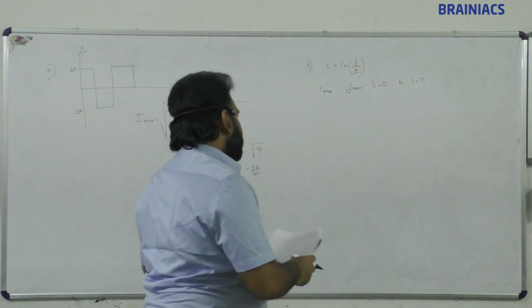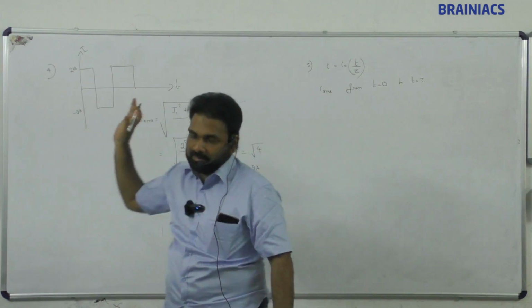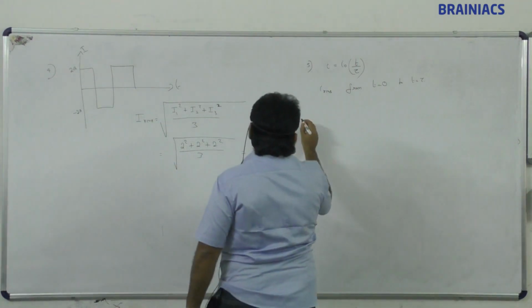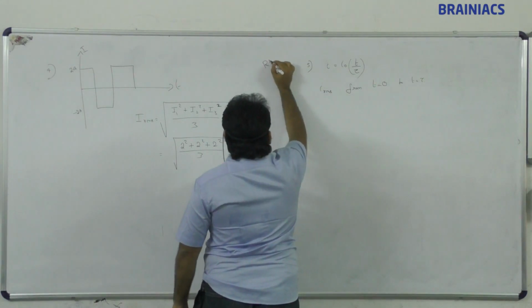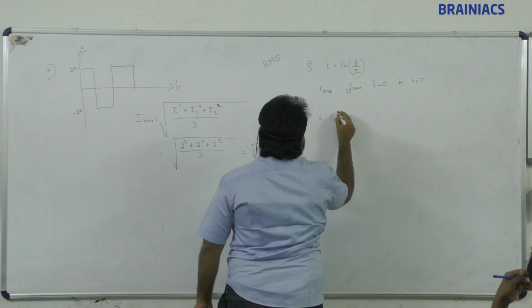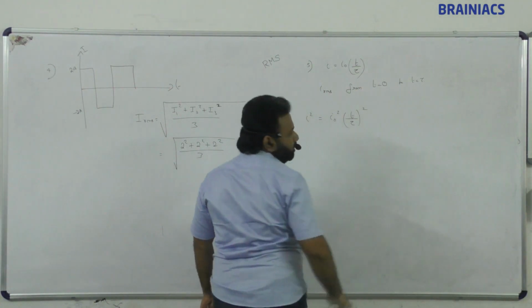Again the same thing. This is not a constant value, it is a function of time. So for root mean square, first we take the square: I naught square t by tau the whole square.